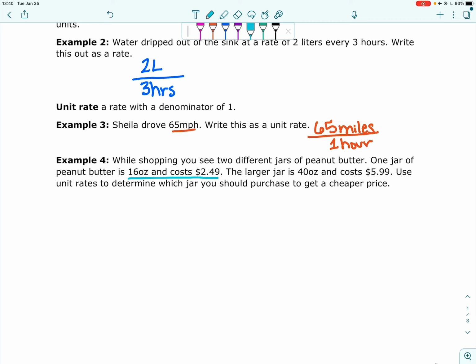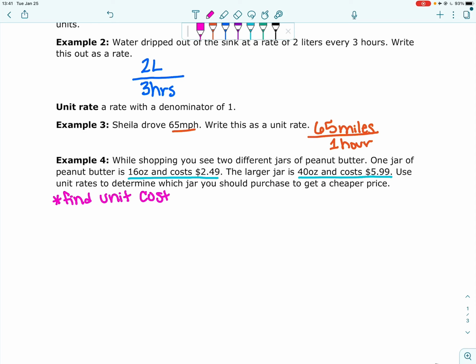There's a larger jar, it's 40 ounces, and it costs $5.99. We're going to calculate the unit rate to determine which jar of peanut butter has the cheaper unit cost. So which one costs less for each individual ounce of peanut butter. We're going to find what's called the unit cost.